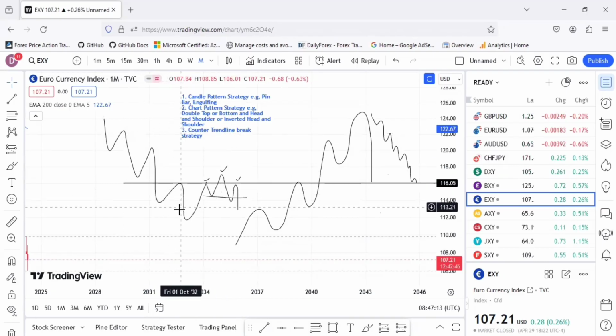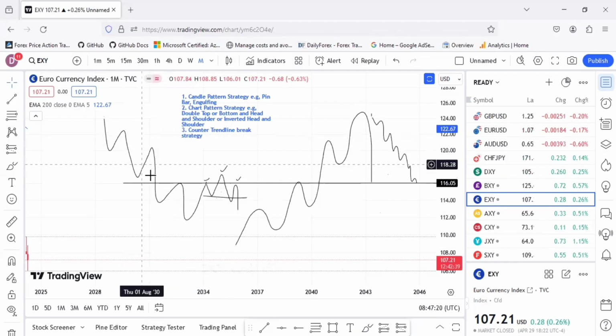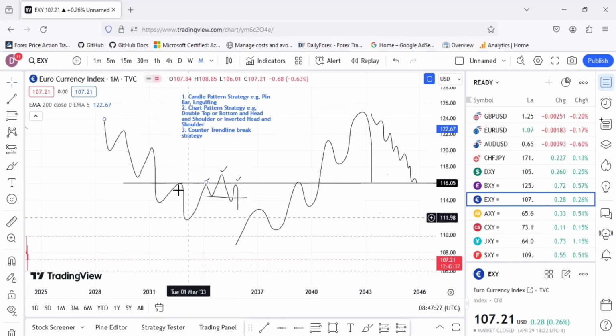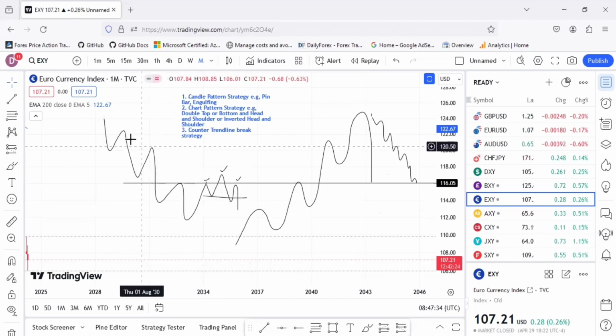Normally, your double bottom or inverse head and shoulder, you usually look for it at the bottom of a trend to show that the trend wants to reverse. You understand? So if this trend wants to reverse now from here, you might see double bottom, you might see inverse head and shoulder. But in a trend continuation, you see it here.